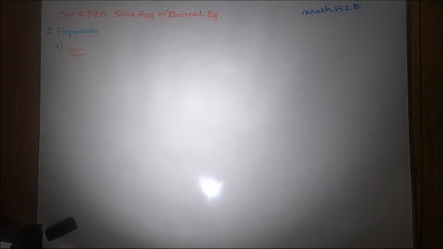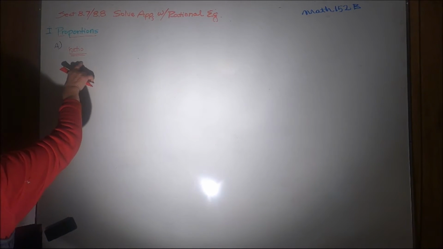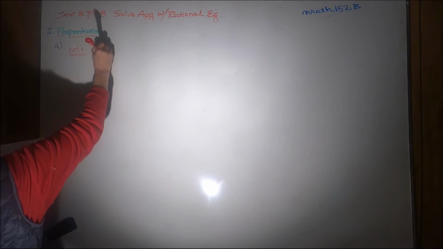Ratio, right? Say my salary and his salary, the ratio is 1 to 2. That means I only make half of what that person makes, right? So you are doing a comparison. So ratio is what?